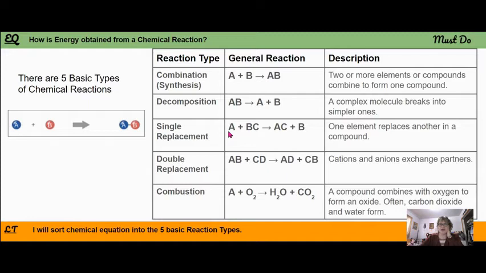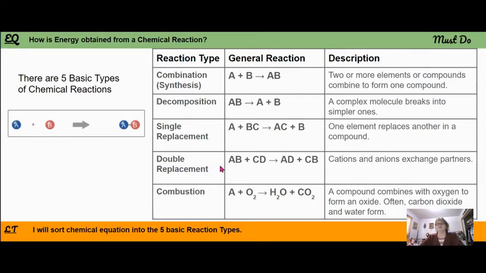That is where we take an element, an atom of some sort, plus a compound, where you have two atoms bonded together. A and B are going to switch places. So one element replaces another in the compound.